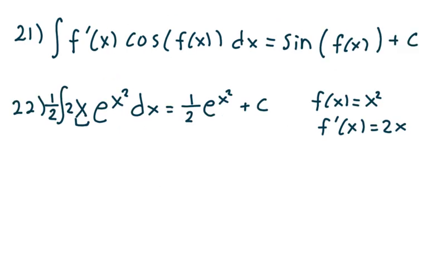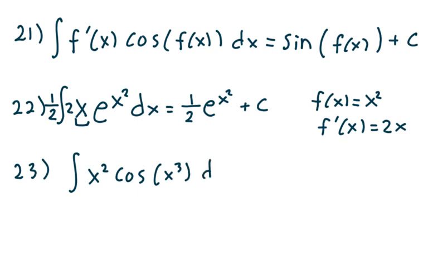Now, let's take a look at number 23, and then we'll call it good on this one. Suppose we have the integral of x squared cosine of x cubed dx. So can we agree that my function is x cubed? The derivative is 3x squared. And then my question to you would be, what's missing?